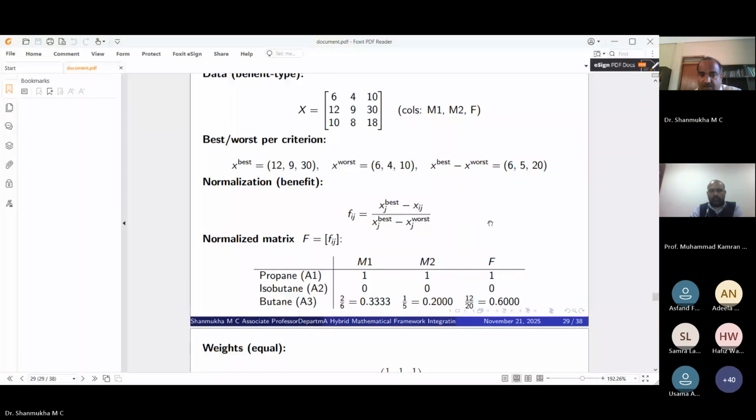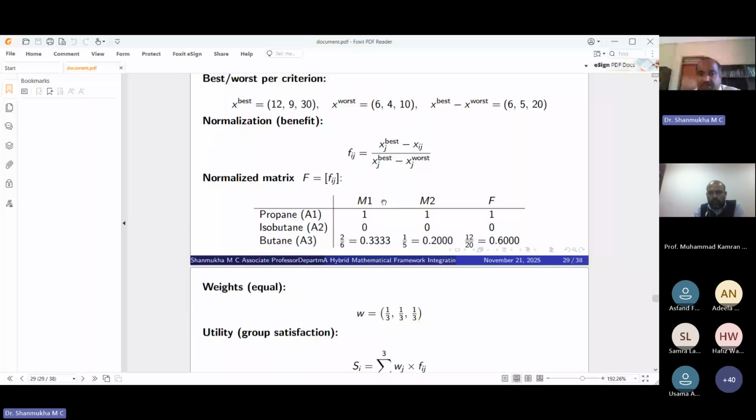Then we move on to M2: Xj best 9 minus 4 is 5, 5 upon 5 is equal to 1. Then 30 minus 10 upon 20, 20 upon 20 is equal to 1. So in the propane structure, the normalized matrix Fij values are 1, 1, 1.